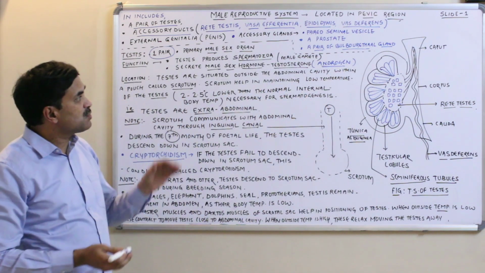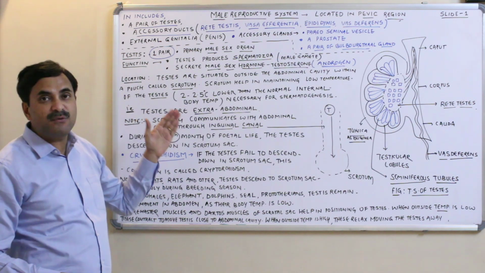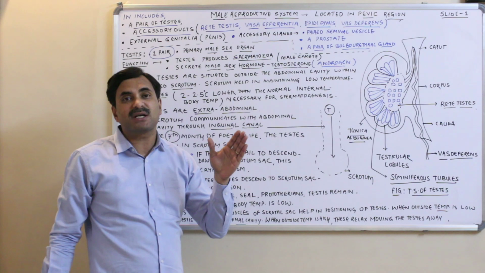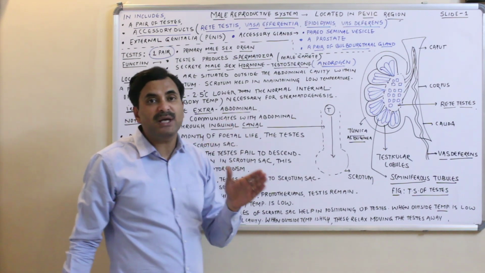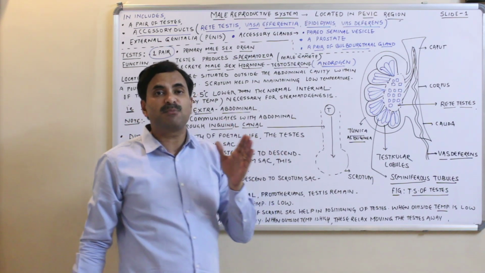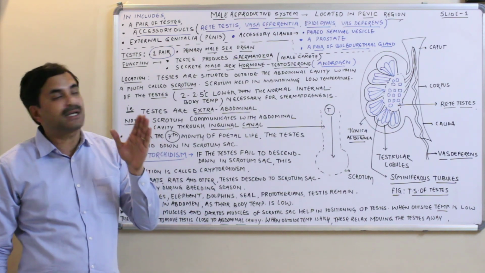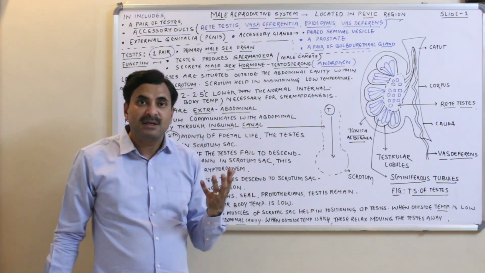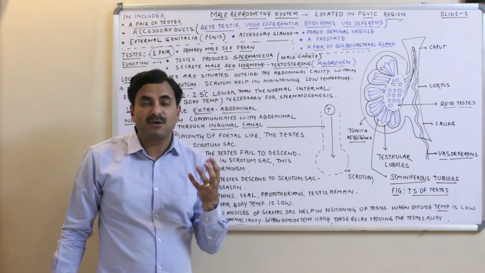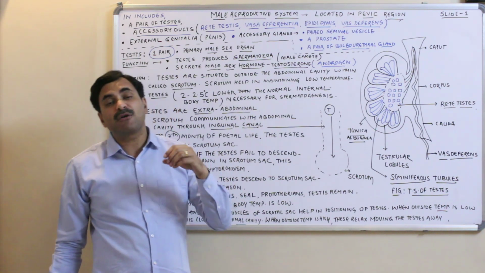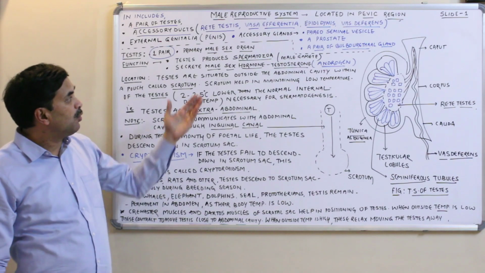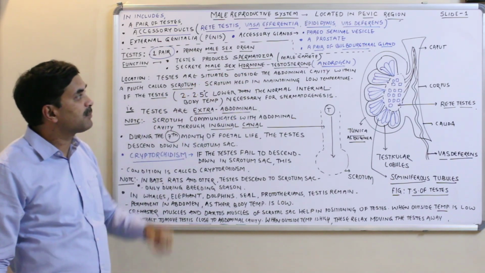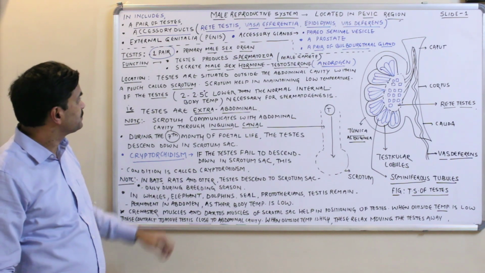Testosterone is important for the development of the secondary sexual characteristics in males as soon as the male enters the age of puberty, that is 13 to 14 years, say for broadening of the shoulders, deepening of the voice, development of the beard and the mustache. All these are the secondary sexual characteristics, and they are controlled by the hormone testosterone.